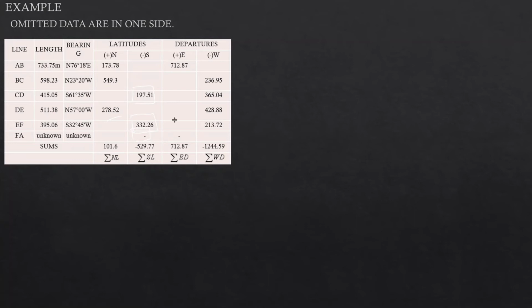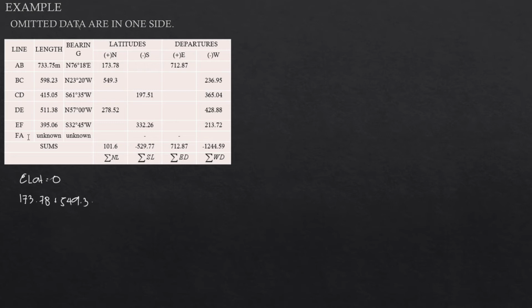Okay. So kung missing yan, isang value, makukuha na natin agad latitude and departure ng course FA. So, madali na natin makuha. Okay, so summation ng latitude dapat equal sa 0. Okay, so meron tayong latitude ng AB is 173.78 plus 549.3 yung latitude ng BC.